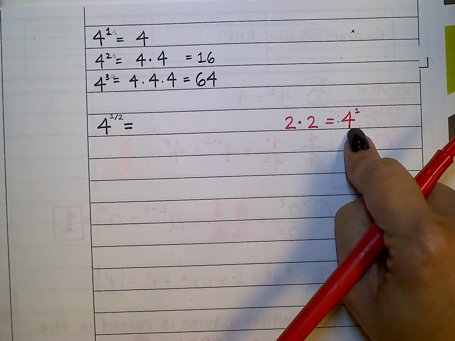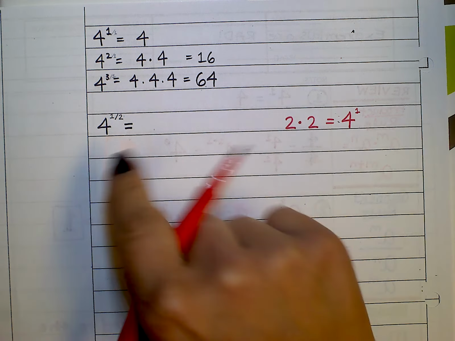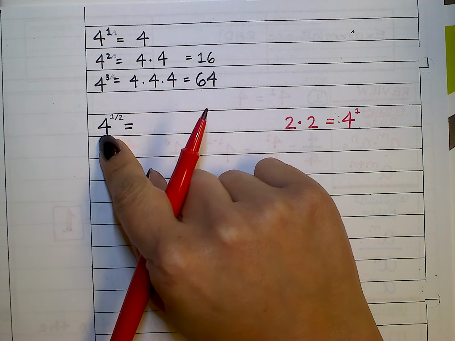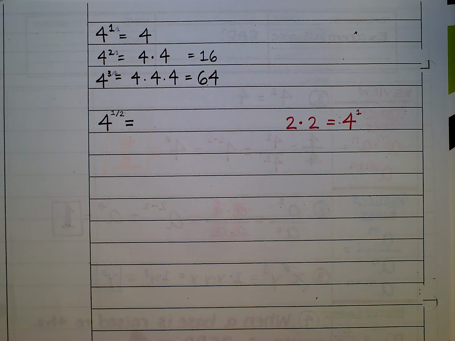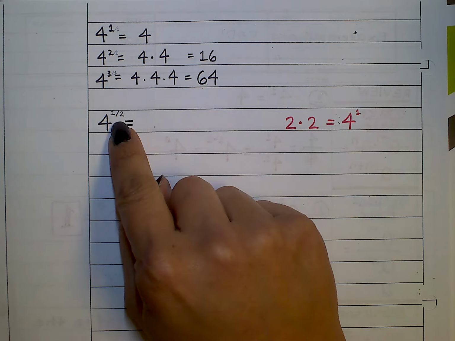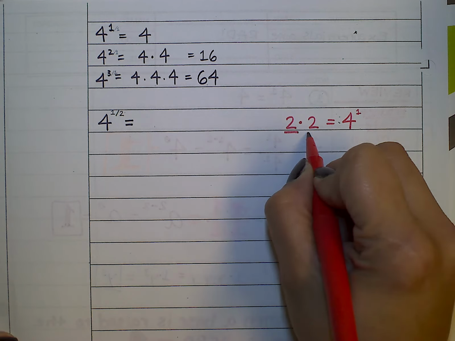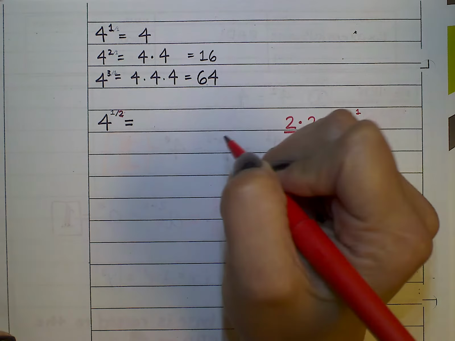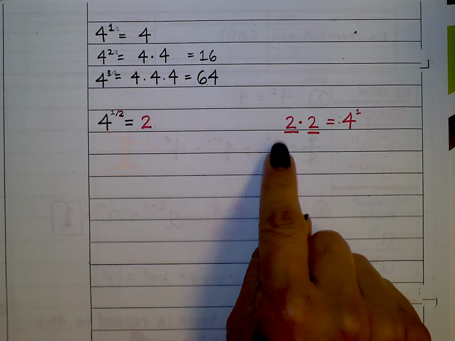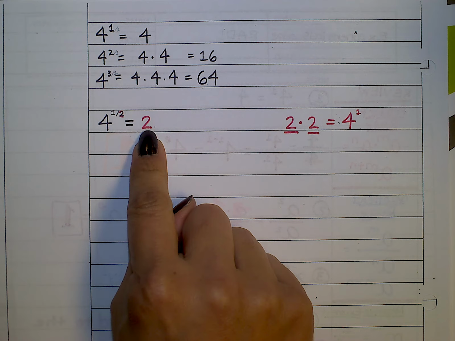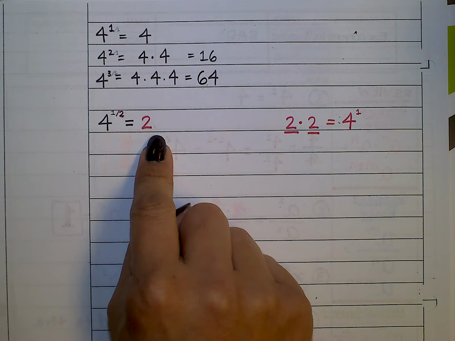2 times 2 is equal to 4. But I kind of need it to be 4 to the power of 1/2. So I do have 4 to the power of 1, and I have this 1, 2 times. Okay. So 4 raised to the 1/2 power would give me 2.